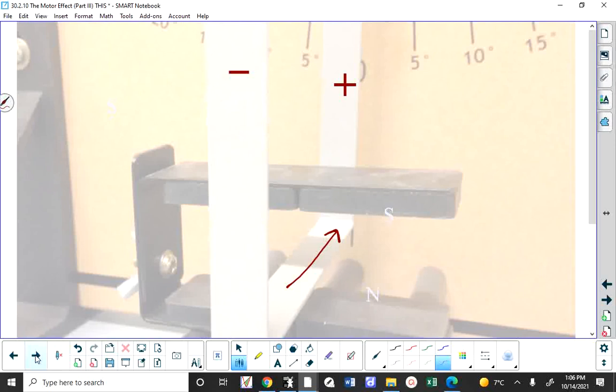Out of the palm of your hand, because we're thinking conventional current, it should be forced this way. I think the confusion arose because in my previous picture, I had it the other way around, right? Okay, so we're going to go with this. Just to let you know, I changed it because I wired it with the black wire on the front. Black is negative. But we can switch it around and see what will happen.